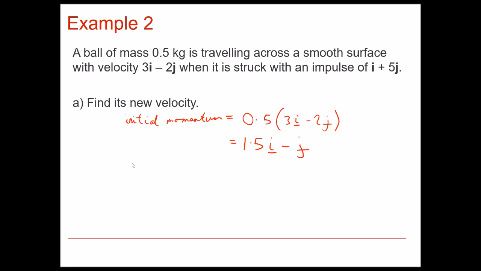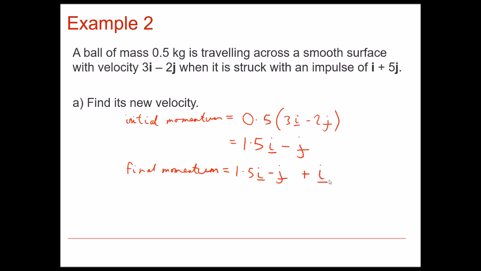And that means that the final momentum must be the initial momentum, which is 1.5i minus j, plus the impulse, because remember the impulse is the change in the momentum. So if I take the initial momentum and add the impulse, that's the change that we have in the momentum, we'll get the final momentum.